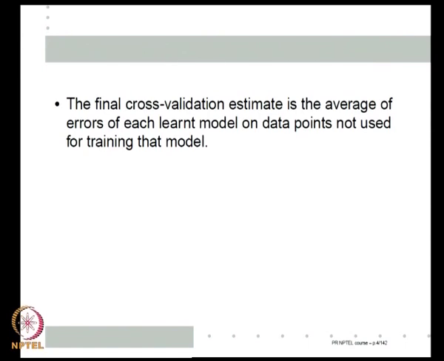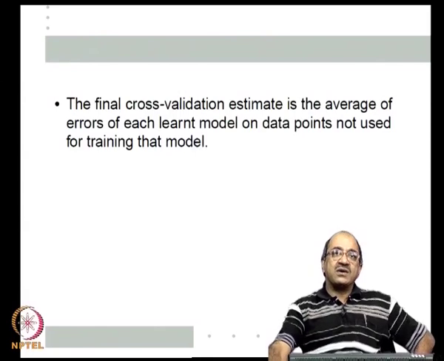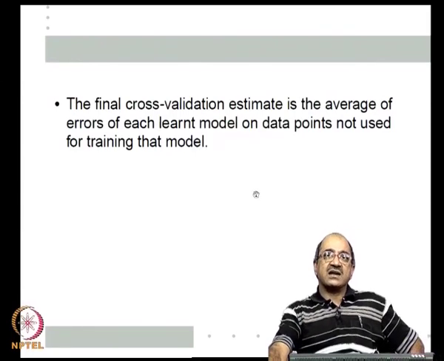So, in each model we are using k minus 1 parts for training, and one part we are not using in training that model. So, we test each model on the part that was not used in training that model, and we take the average of all this, and that is our final cross validation error estimate.